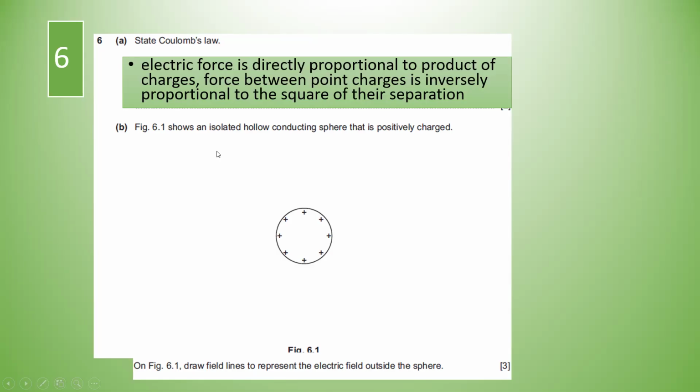Figure 6.1 shows an isolated hollow conducting sphere that is positively charged. On figure 6.1, draw a line to represent the electric field. That's all. Going out of the positive charge.